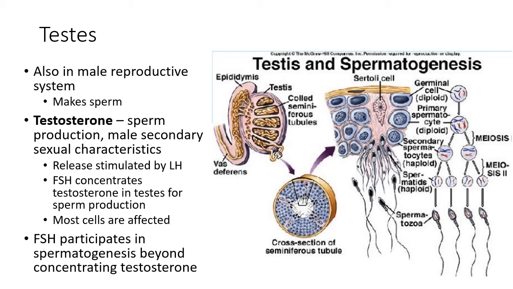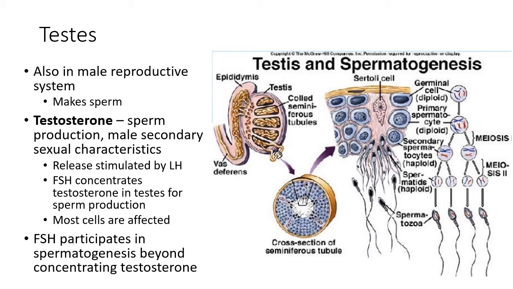Testosterone's release is stimulated by LH, so it's actually only LH, or luteinizing hormone, that causes the release of testosterone. Both FSH and LH cause the release of estrogen, but only LH causes the release of testosterone from the testes.